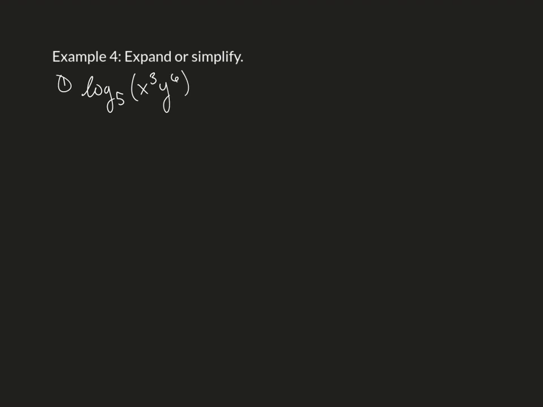Now, I know that this probably looks pretty crazy, but I promise you it's really not that bad, as long as you have your properties of logs in front of you. So the first thing that we are going to do is use the product property, and that one was the white one. So the product property, it's the one that I had written in white.